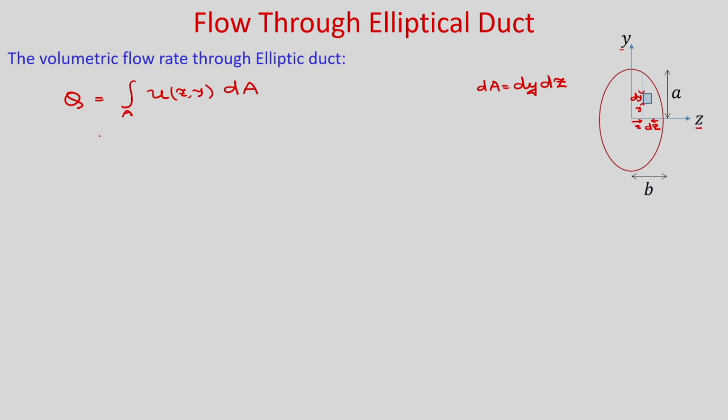So, now area integral. This is the small elemental area we have considered. Now, you can see that if you vary z from 0 to z is equal to b, at this point z is equal to b, then at a particular location z, y will vary. Okay. So, how will it vary? That we can find from the equation of ellipse. The equation of ellipse is y square by a square plus z square by b square is equal to 1.